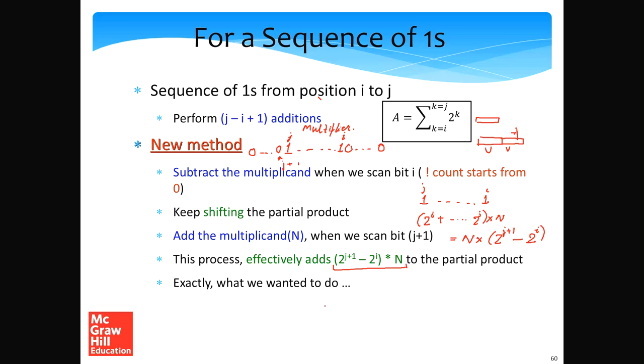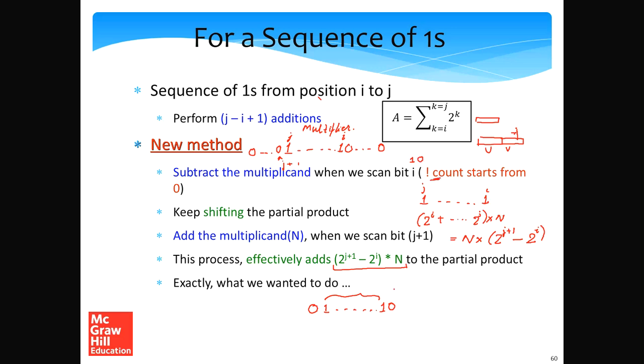So the insight is that if we have, let's say, a string of ones, and there's a 0 at the beginning and a 0 at the end, so basically this is what we are trying to say: even if we are looking at the first bit position and it is a 1, we'll assume that just before it there is a hypothetical 0.